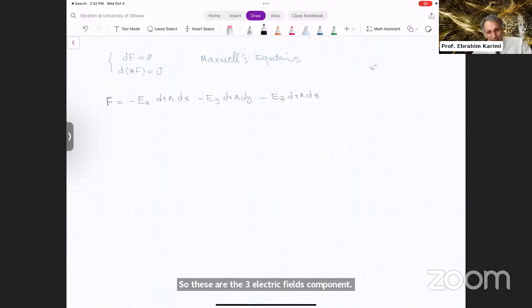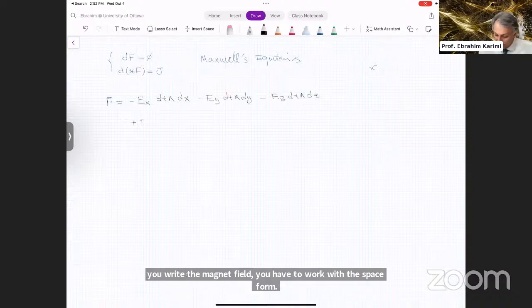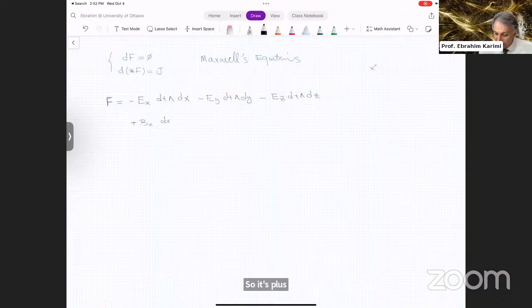On the other side I can also write the magnetic field, but when you write the magnetic field you have to work with the space forms. So it's plus Bx dy wedge dz, plus By dz wedge dx, plus Bz dx wedge dy.